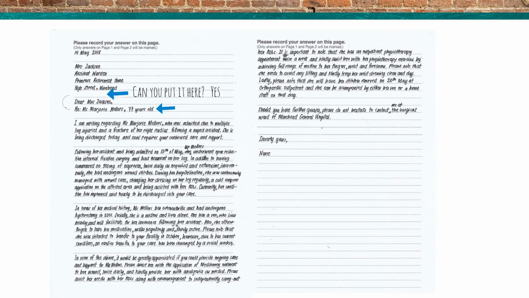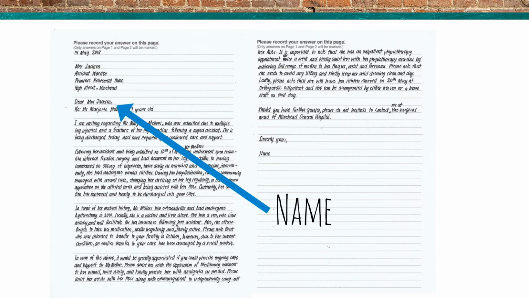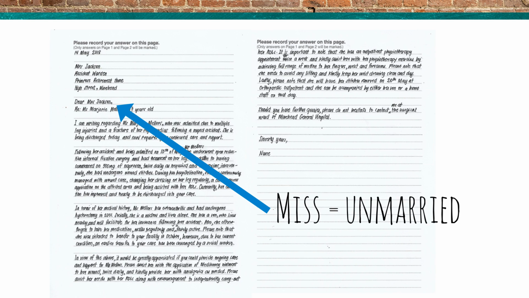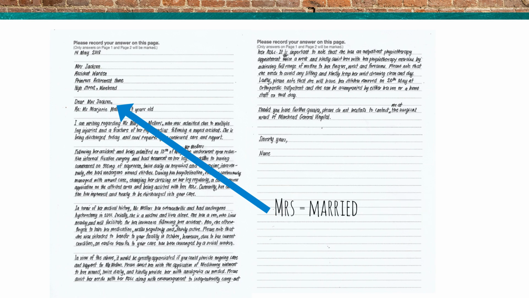All right. With regards to the patient's name, a quick word on the patient's name. Notice here we can use 2 different things when it comes to a female. Okay, we're usually going to say Mrs. or Ms. Okay, if the person is unmarried, we often say Miss. Okay, but let me just explain the difference between these. Mrs. This one means married.